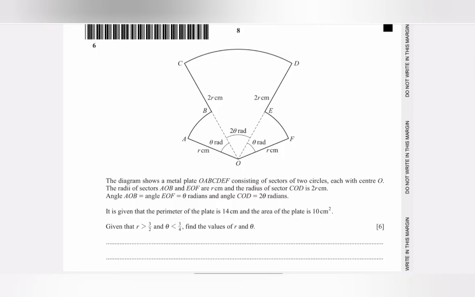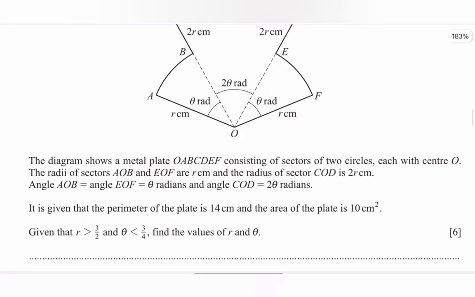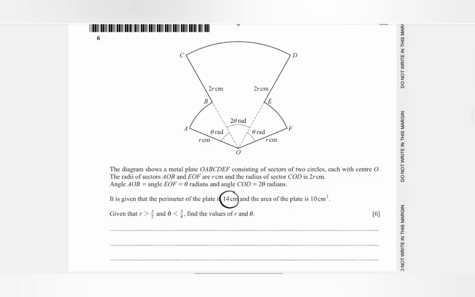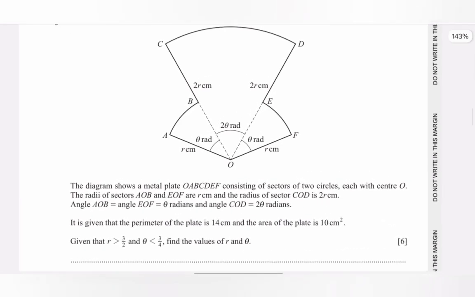So we're going to try and make equations using the given information. We're told that the perimeter of the plate, which is the distance right around this plate, is 14, and the area, which is area of this plus area of that plus area of that, is 10. But before we do that, let's just make sure we have all the lengths that we need.